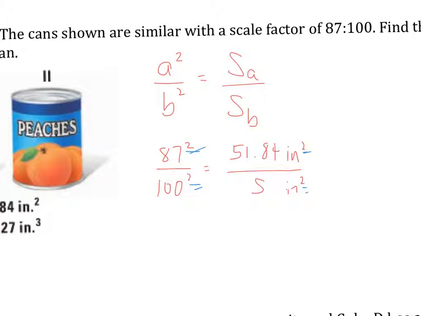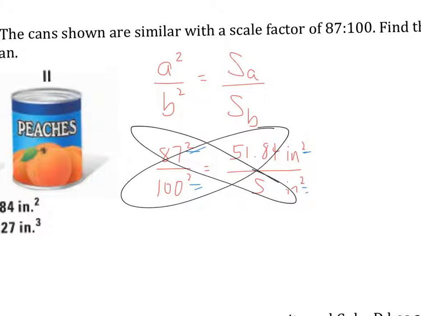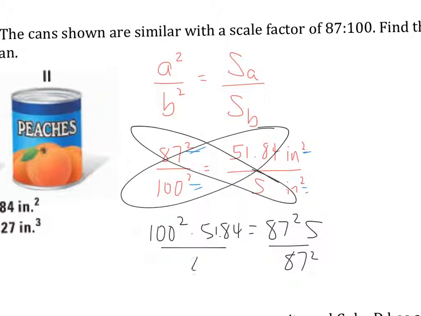All right, so then from there, all we got to do is just cross multiply and solve. So you're going to have 100 squared times 51.84 equal to 87 squared times your surface area. You're going to end up dividing by 87 squared. So on your calculator, you're going to simply type in 100 squared times 51.84 divided by 87 squared.